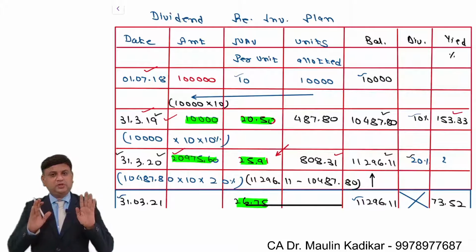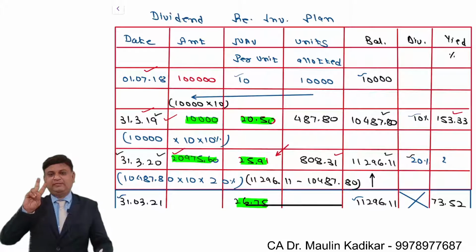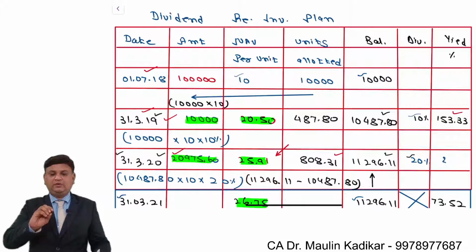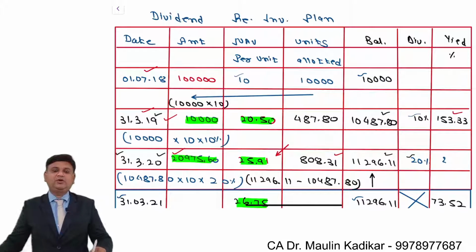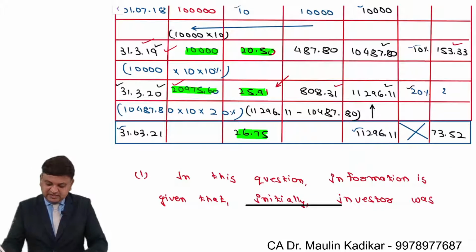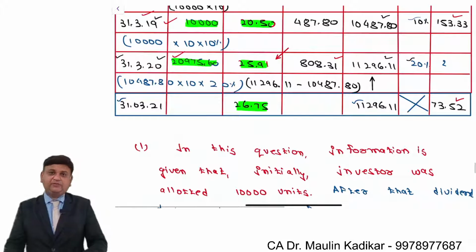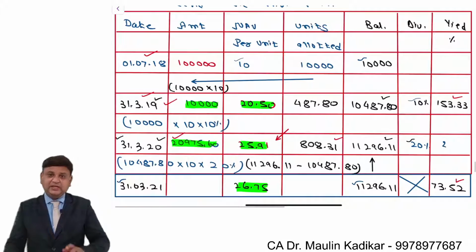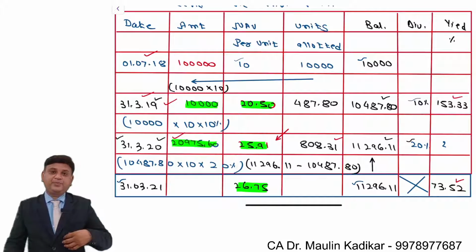My suggestion to all the students is always follow method number 2. So whether it is the first-time dividend or a later dividend, you can always follow the second method. Basically this 73.52% return considers the reinvestment of this dividend.